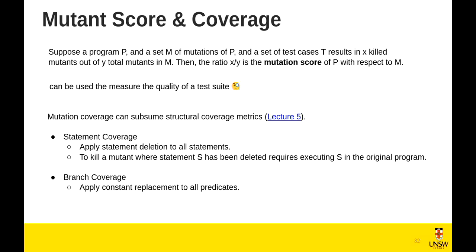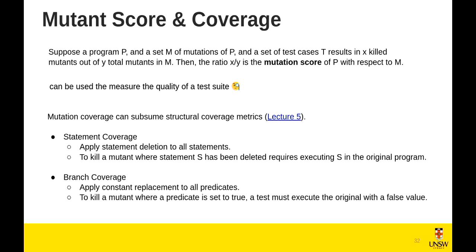What we can do is consider an extreme case. We can replace all the predicates used in the conditions with a constant true or false. To kill a mutant where a predicate is set to true, a test case must be able to cover the false branch in the original program.